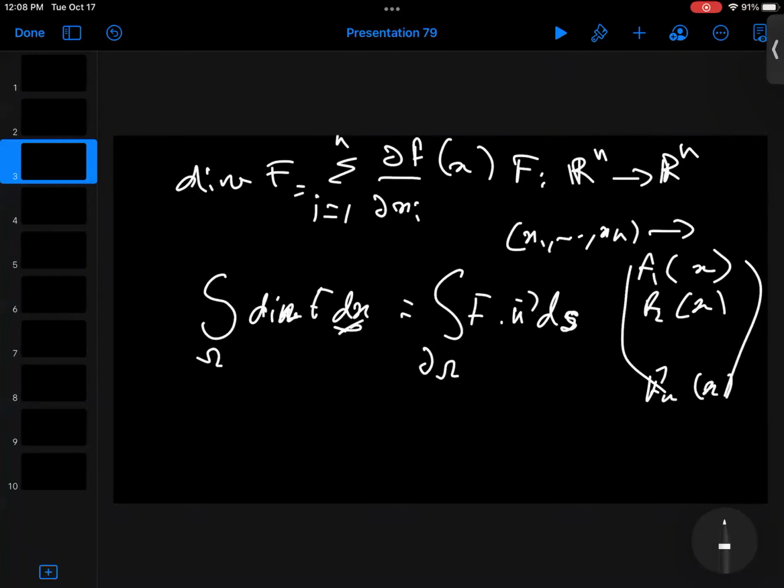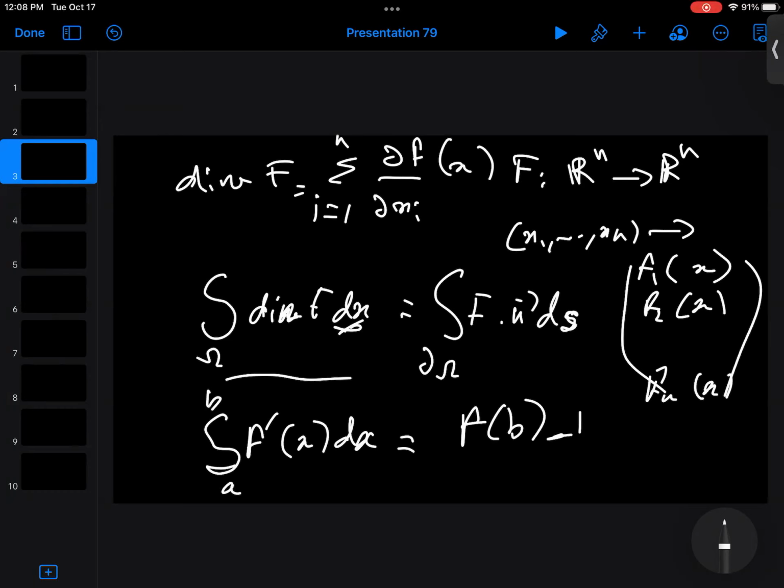Okay, I want to emphasize that this is a generalization to dimension n of the fact that the integral between a and b of f prime of x dx equals f of b minus f of a.